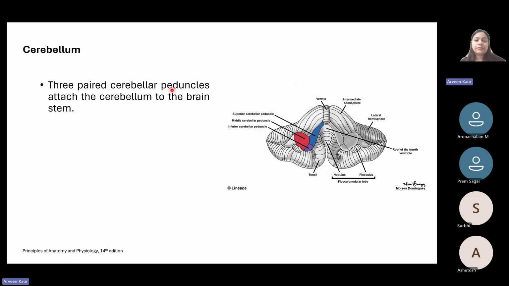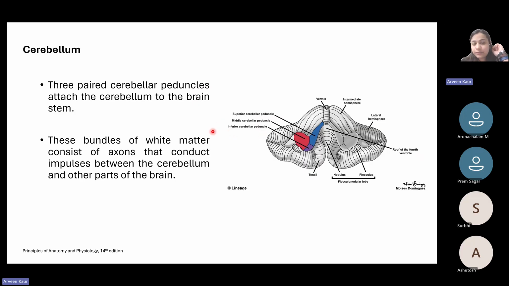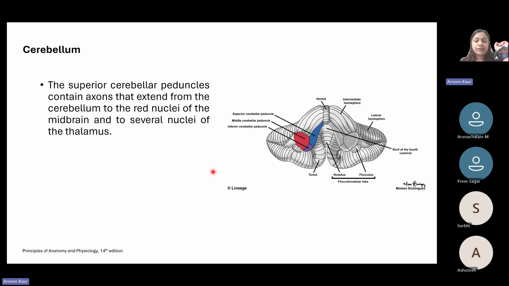The three paired cerebellar peduncles attach the cerebellum to the brainstem. These are the superior cerebellar peduncle, middle cerebellar peduncle, and inferior cerebellar peduncle. Right, they are attaching the cerebellum to the brain. These bundles of white matter, again meaning they are myelinated axons basically, consist of axons that conduct impulses between the cerebellum and other parts of the brain.